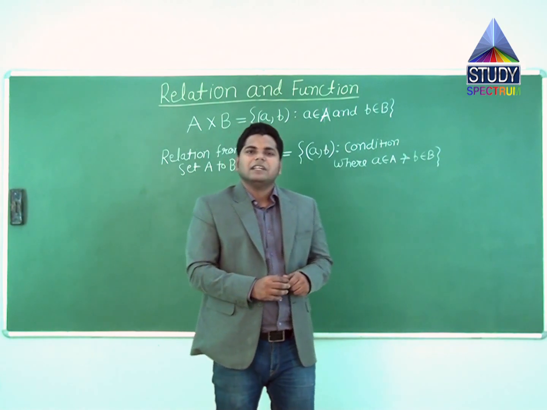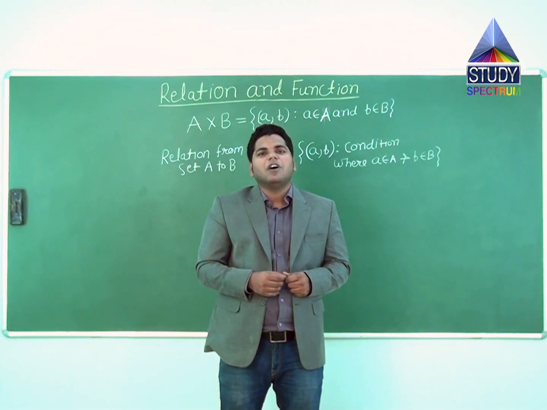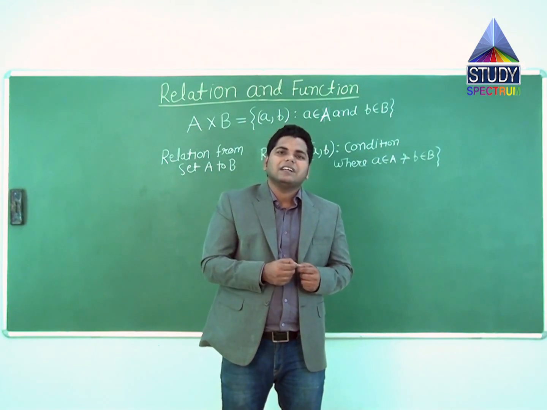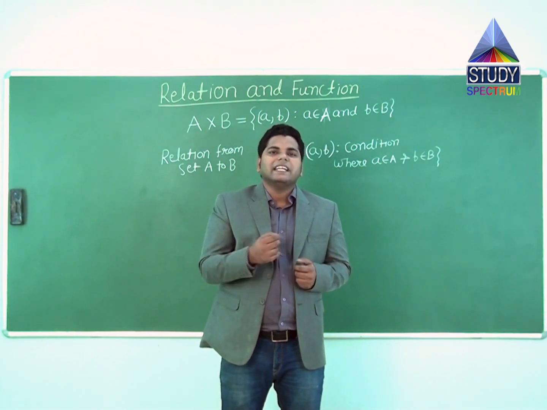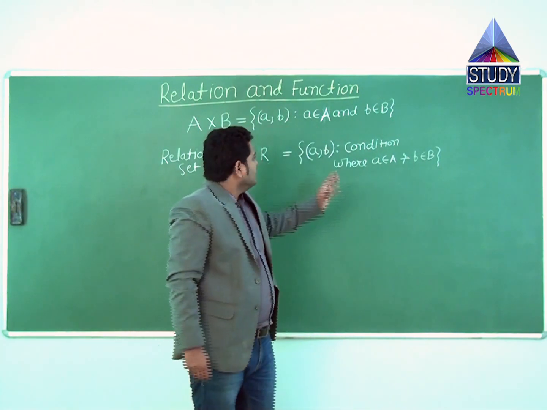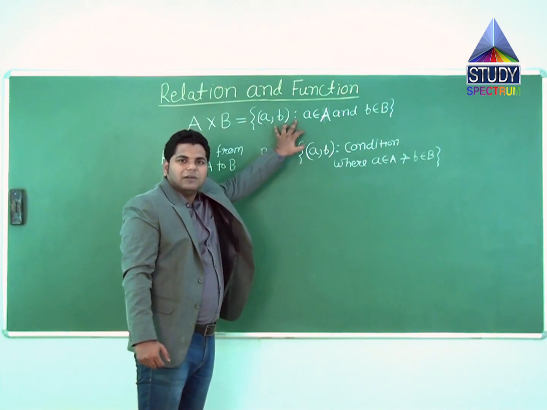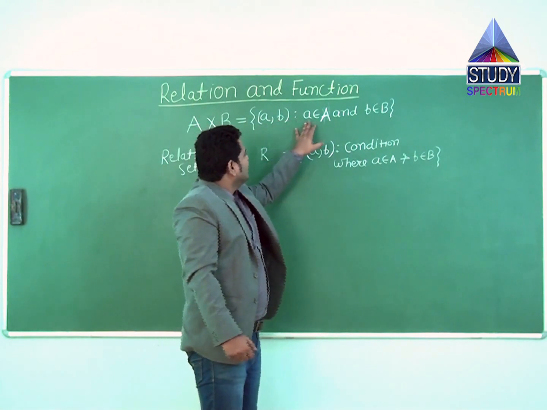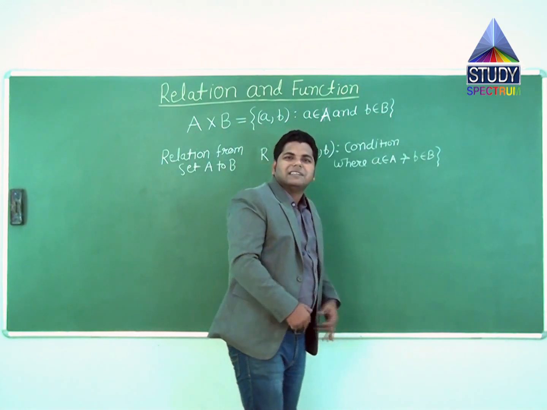Thereafter, we started with the Cartesian product between two sets A and B. The Cartesian product of two sets A and B is the set of all order pairs in which the first component of the order pair is taken from the first set A and the second component is taken from set B. So we can write A cross B is equal to the order pairs (a, b) such that the first component is taken from set A and the second component is taken from set B. The colon is read as 'such that'.